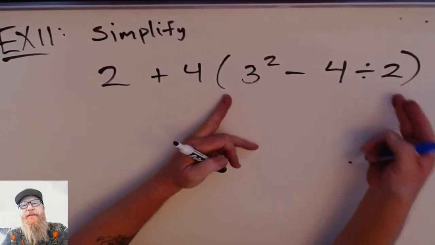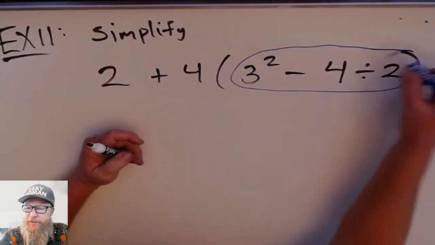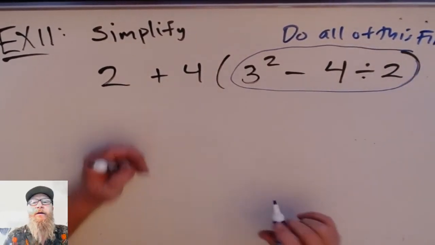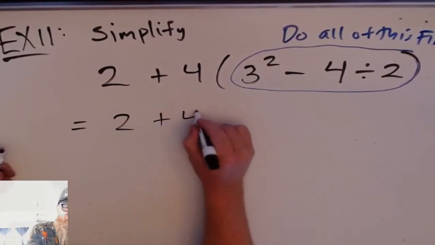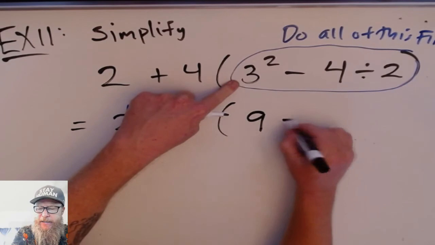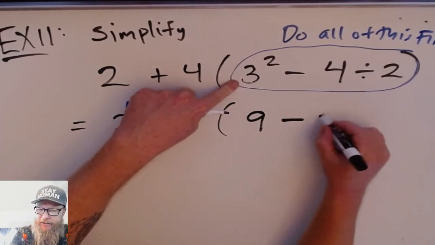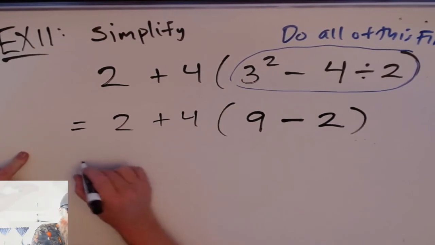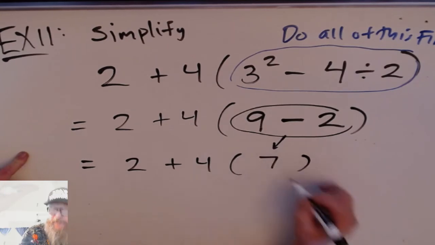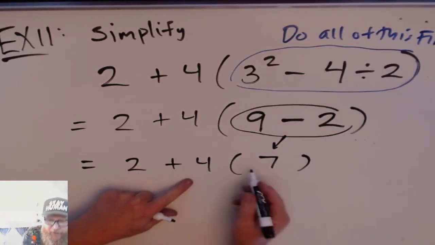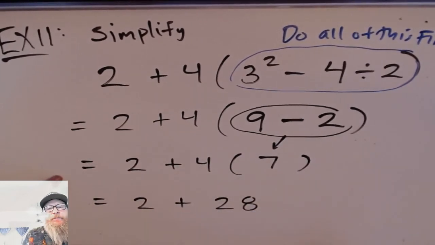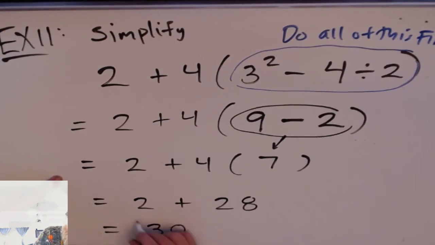Do whatever inside the parentheses first. So do all of this first. So you're going to have 2 plus 4, that'll be exponent, so that's 9. 3 squared is 9. Minus 4 divided by 2 is 2. Now keep going. 9 minus 2 is 7. Now you're going to multiply by 4. That's 28. And then finally add it up, 30.